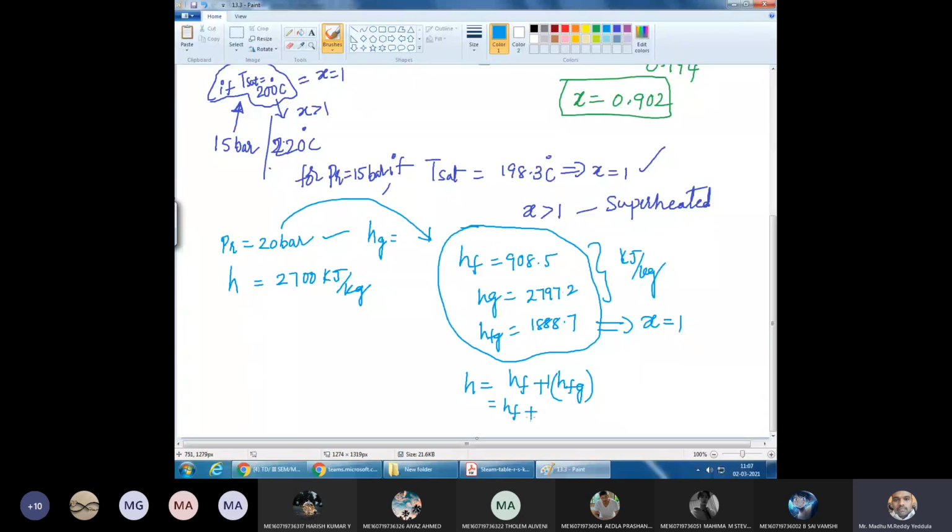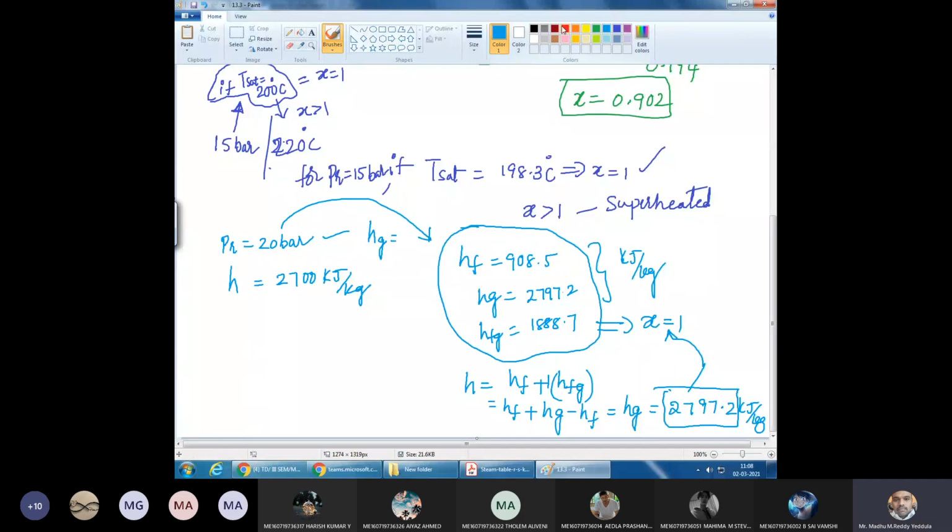That is equal to HF plus HG minus HF, which is nothing but HG. So that is equal to 2797.2 kilojoules per kg. Means if the enthalpy of the steam is 2797.2, this corresponds to dryness fraction 1.